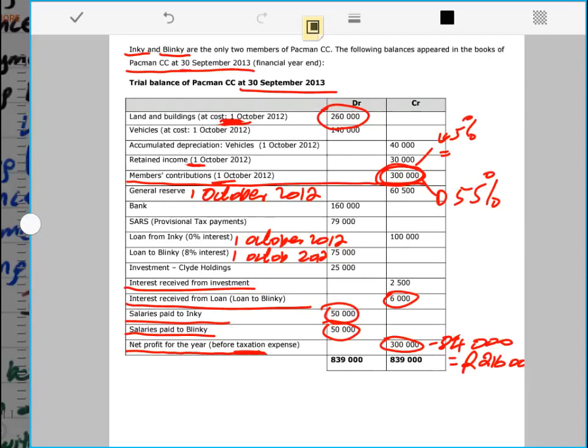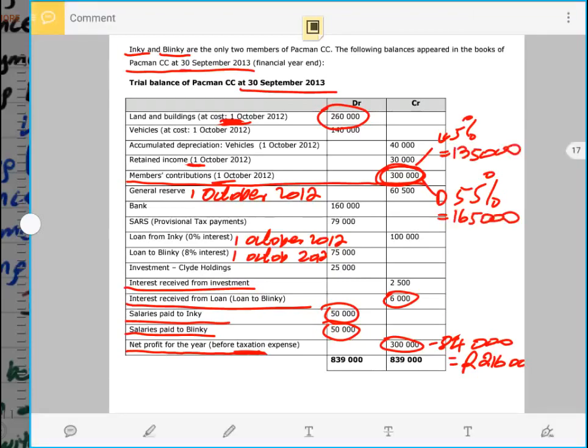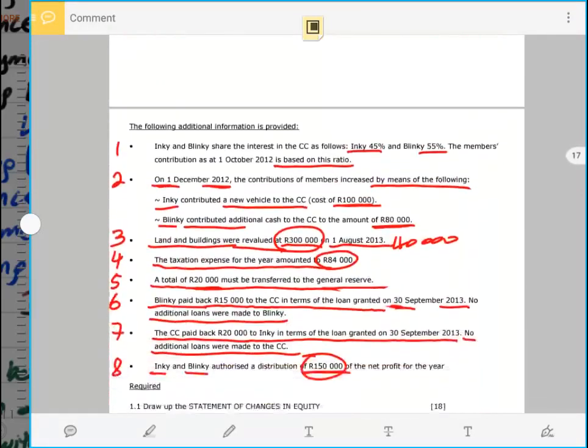So now we have to multiply that to give us the opening member contribution for Inky. So that will give you 135,000 rands, and this will give you 165,000 rands.